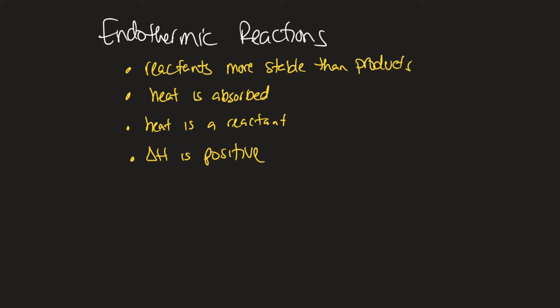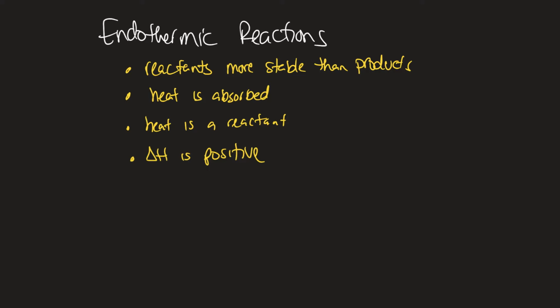All right, so now we're going to explore endothermic reactions. In an endothermic reaction, the reactants have less potential energy than the products, so thus they're more stable. Heat is absorbed. Heat is a reactant in this case, and your delta H is a positive number.